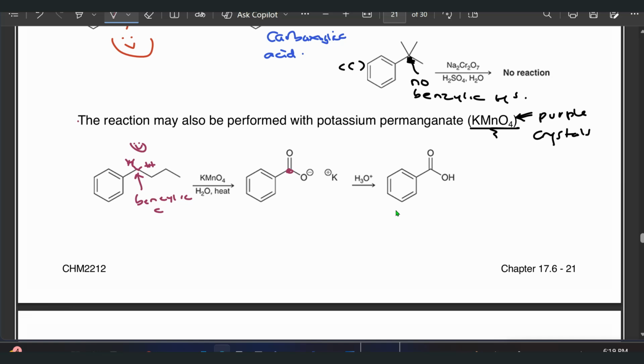I'm surprised there's no OH minus, but I do know H2O and heat will still work. So the carboxylate just receives a proton by protonation to give you the carboxylic acid. The mechanism is avoided, it is quite complex.